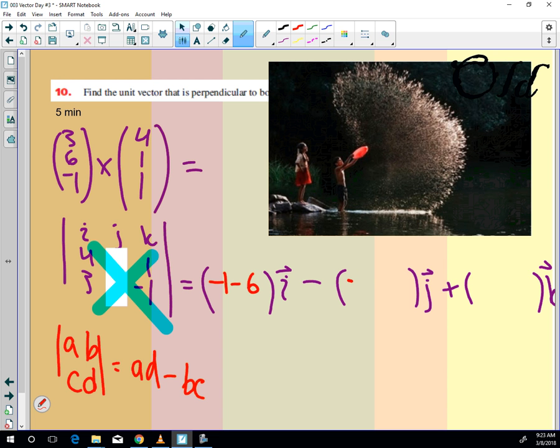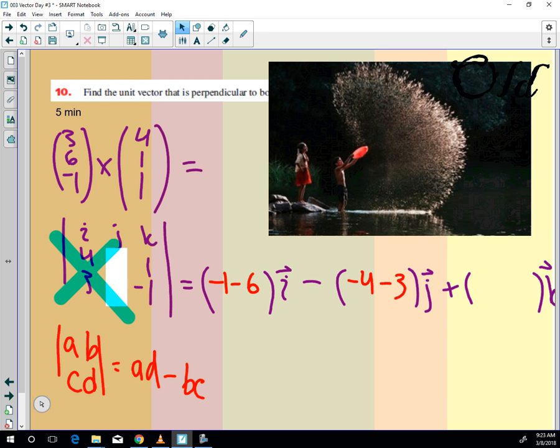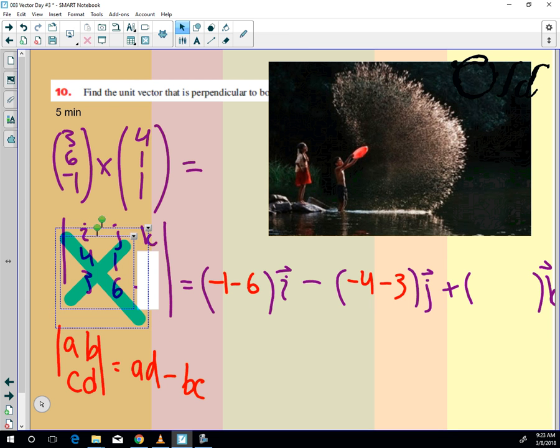So this is going to be negative 4 minus 3. But because we're supposed to start here and go over, we're just going to make it easy for ourselves. That's where the minus comes from. We'll discuss that in more detail. And then the last one is just going to cover up the K. And then you just do this one, which is going to be 24 minus 3.